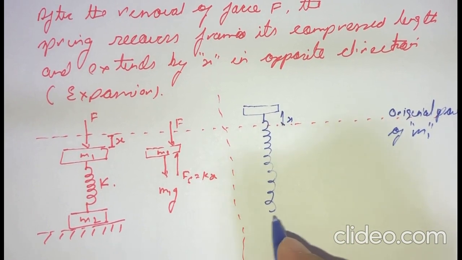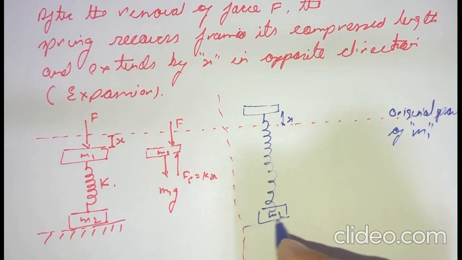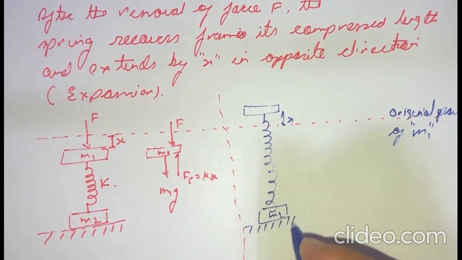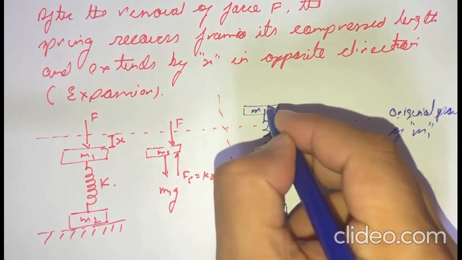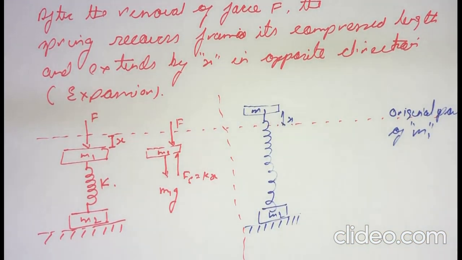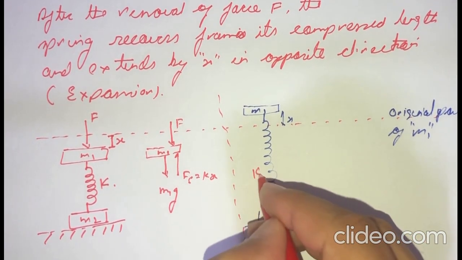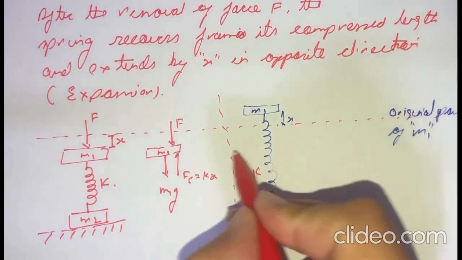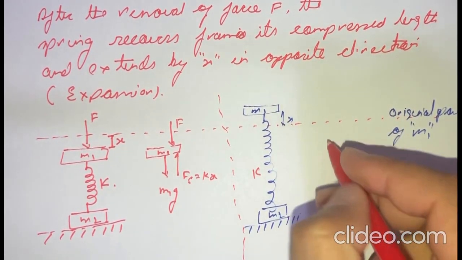And this is our M2, which is on the table, and this is our M1, and this is our K. Once again we draw the free body diagram for M2.